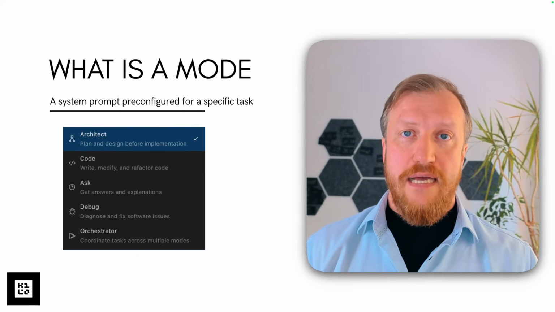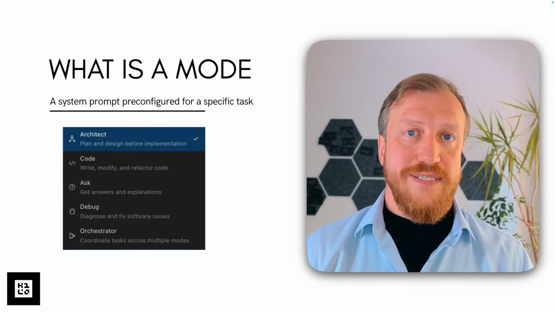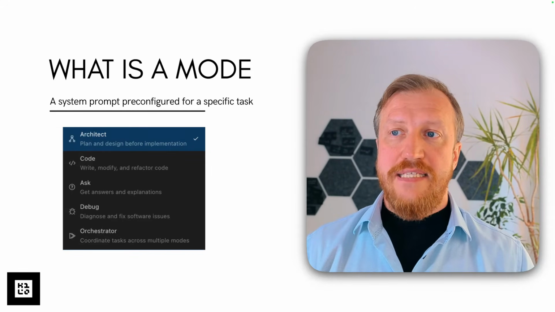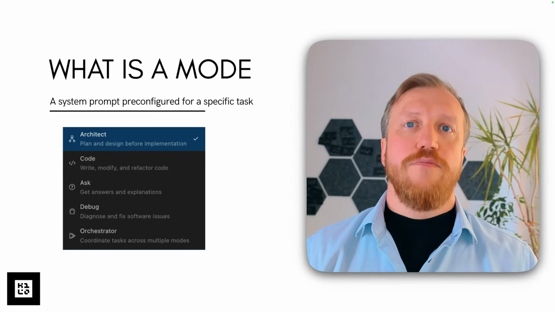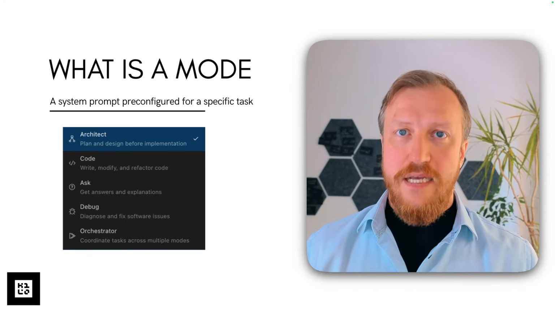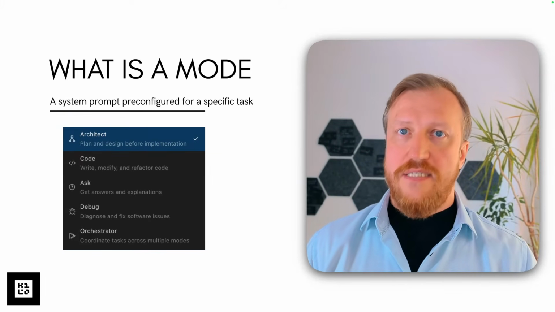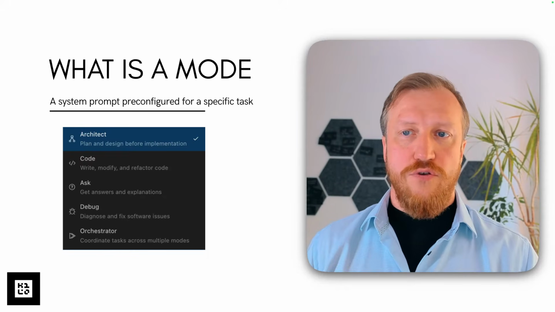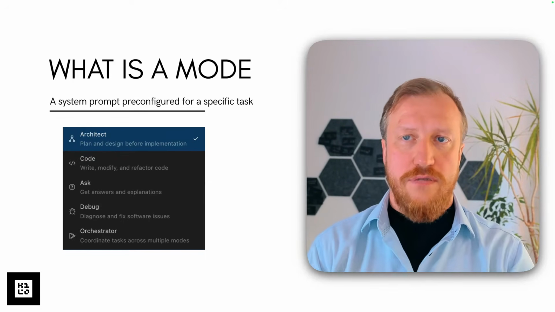For example, very often I don't want the AI model to write any files or change anything. I'm trying to understand how the project works, where the logic for authorization is, something else. In this case, I switch to Ask mode. Ask mode is a system prompt preconfigured for asking, so it will explicitly tell the model that you can read files, you can ask, you can review code, but you cannot create new files. You should not do this and that.